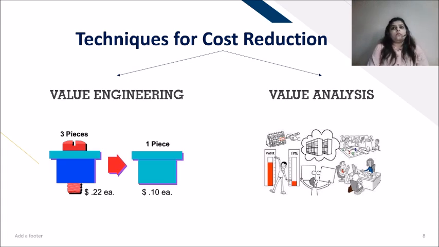Now, process 2 is not cumbersome, and we know that there would be very minimal defects in process 2. Maybe 1 or 2 out of 10,000 or 1 lakh units. So do you think it is worthwhile to actually do a product inspection check after process 2? It is not required, right?